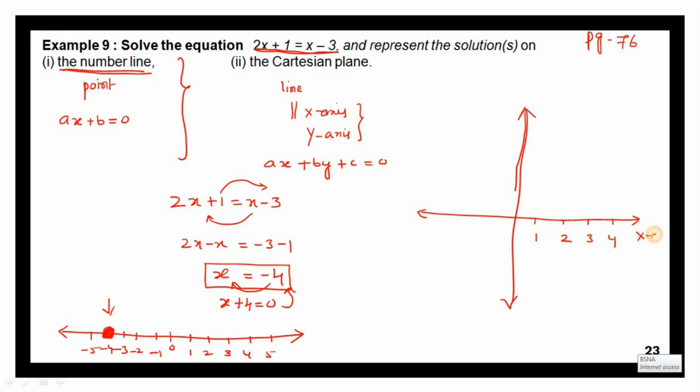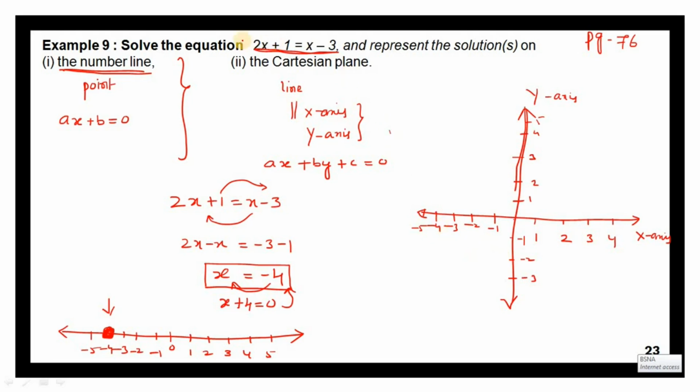This is the x-axis and this is the y-axis, and this is the origin. On the negative side we take minus 1, minus 2, minus 3, minus 4, and minus 5 also. Upward we have positive 1, 2, 3, 4, 5 and so on. Downward we have negative 1, -2, -3, and so on.